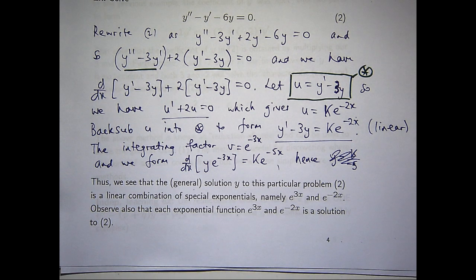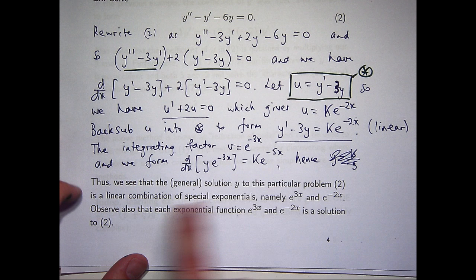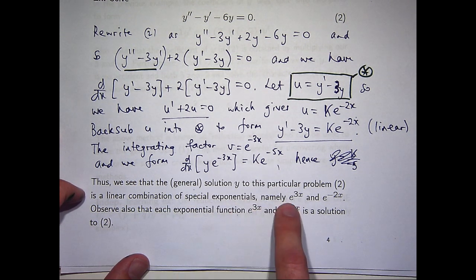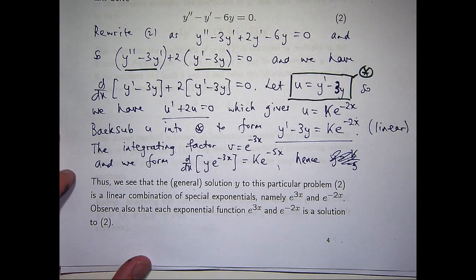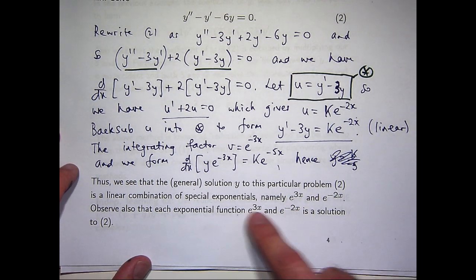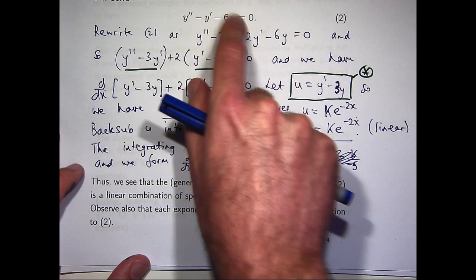So we have a linear combination of special exponentials, this one and this one. Now, you can actually verify that each of these functions is a solution to this problem just by differentiating each of them twice and putting them in here.